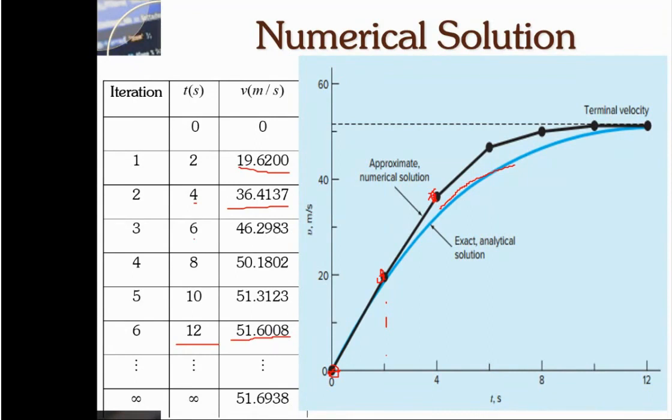At 6 seconds, we have 46.92, and that is our 46.92. And at 8 seconds, we have 58.180, and that is exactly as we have in here. At 10, we have 51.31. And finally, at 12 seconds, we have 51.660.